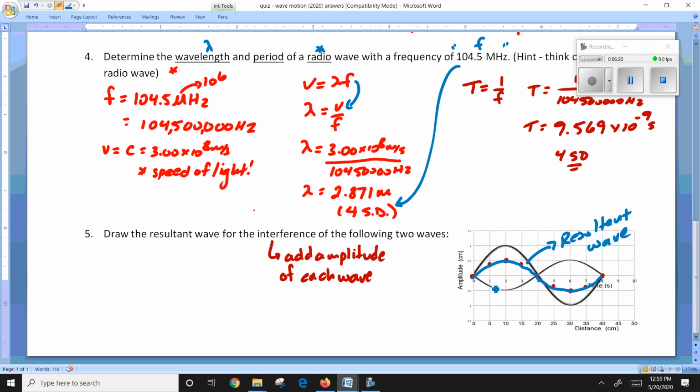Around 0.75. This is around 0.4, so about here. And here, this one is at 0.5. This is at 1, so it's going to be positive 0.5. It should be a negative 0.5 down here. So positive 0.5 when you add up the amplitudes. And again, you just go across, and this is going to be your resultant wave. And when the waves cancel like this, it is an example of destructive interference.